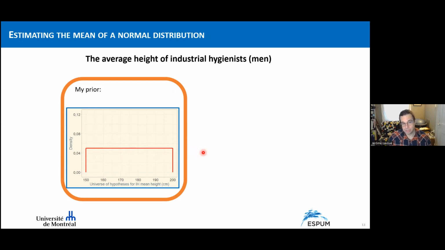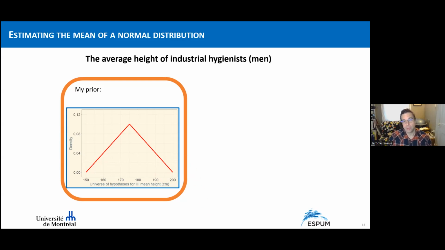Another potential choice would have been this one, where I still use a value that is more likely than the others, again the national average in Canada, but then I would use a more linear decrease in likelihood, going to the smallest and highest possible values that I chose. So you see, it's really my personal idea about the unknown parameter. For the calculations that I will show, the model used the first one I showed, the bell-shaped prior.